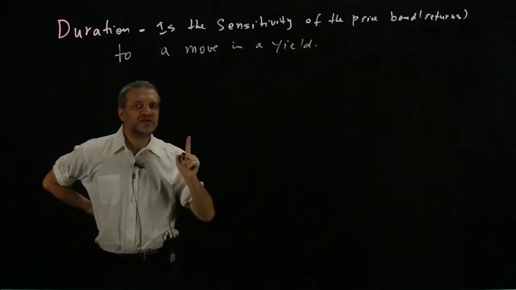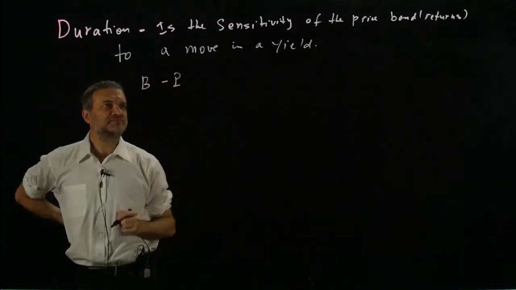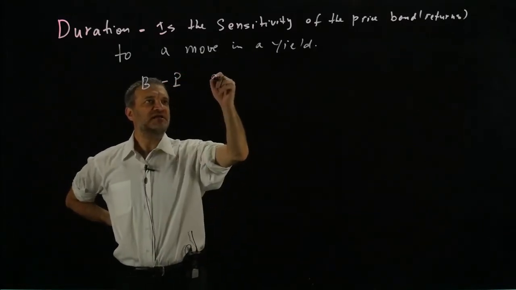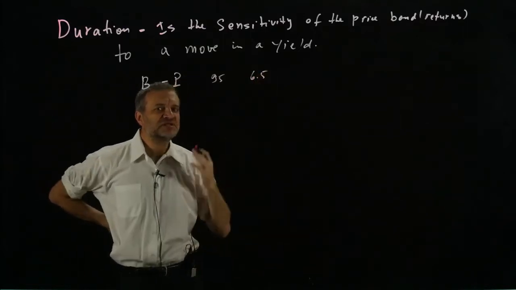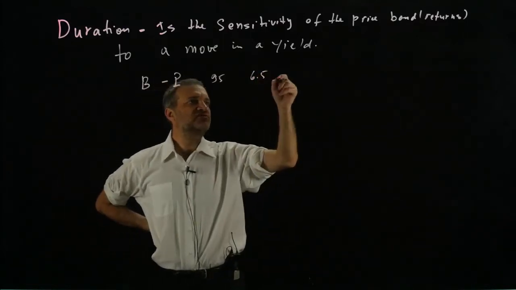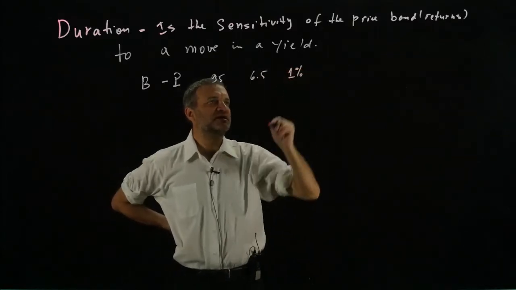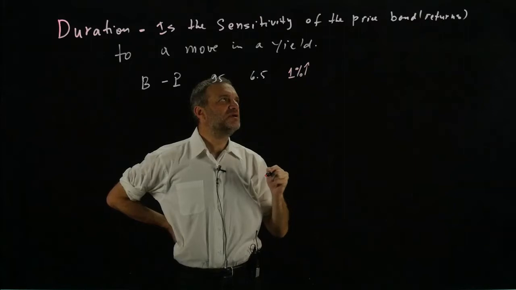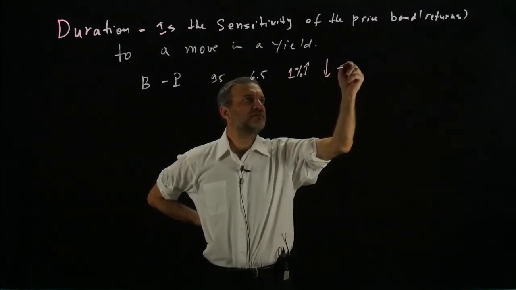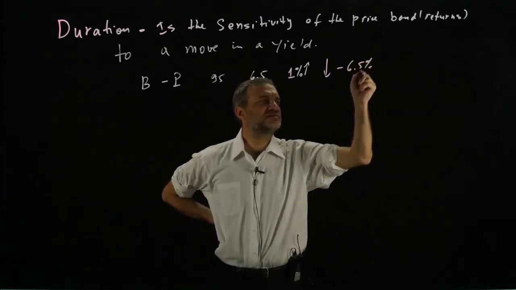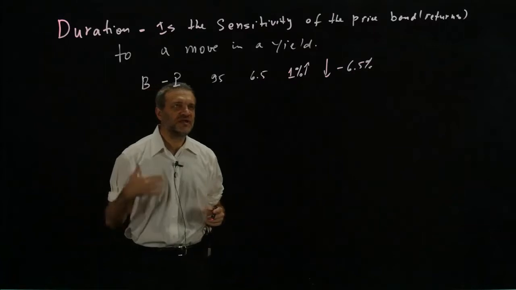So if you have a bond which has a price of P, say the price is 95, and it has a duration of 6.5, what it means is that if you take the underlying yield and move it, let's say, by 1% up, your bond is going to drop by minus 6.5%. So this is a relative measure, not an absolute measure.